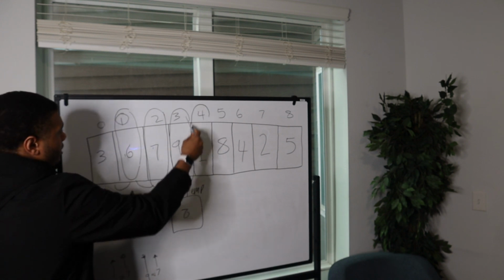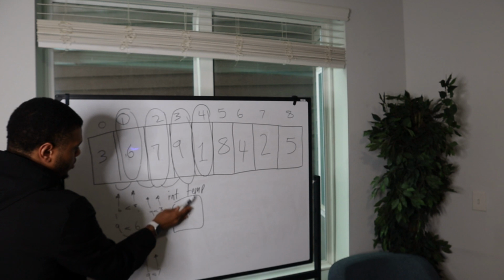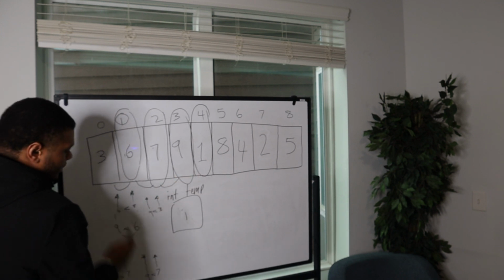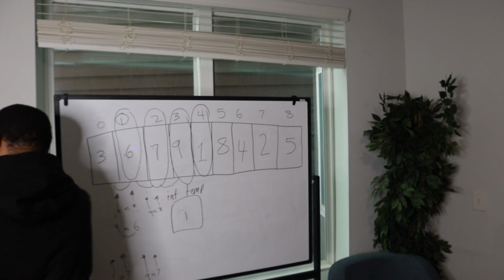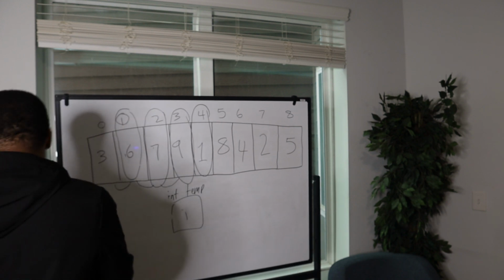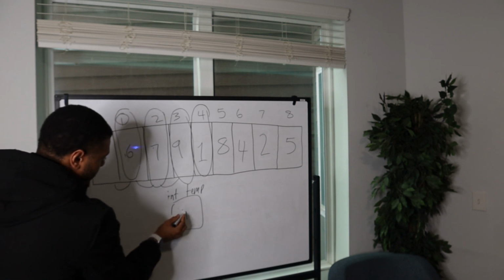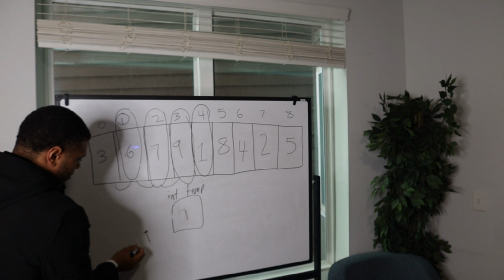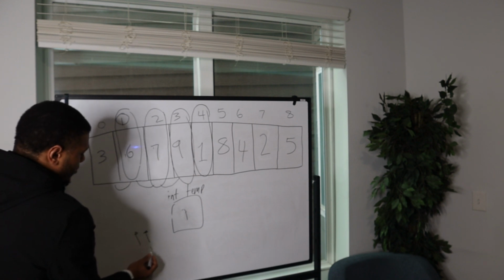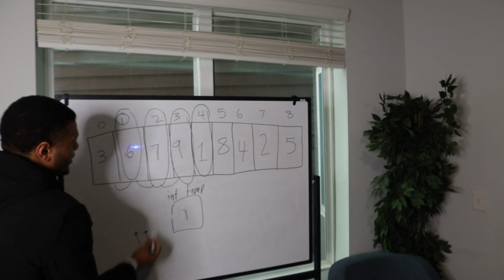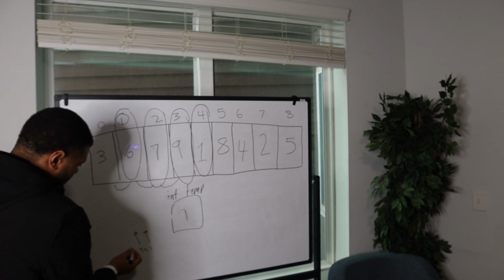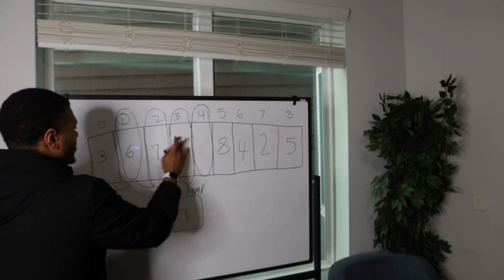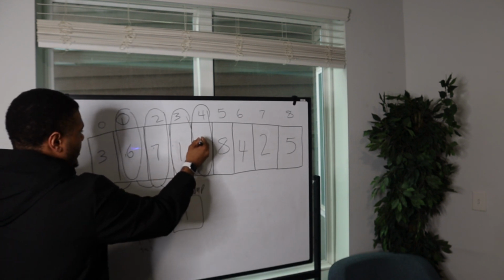Now we go to the fourth number in our array, which is 1. So now we have 1 and 9. Let me go ahead and erase all this right here. Now we're working with our 1 and our temporary. 1 and 9, 9 is greater than that, so these switch.